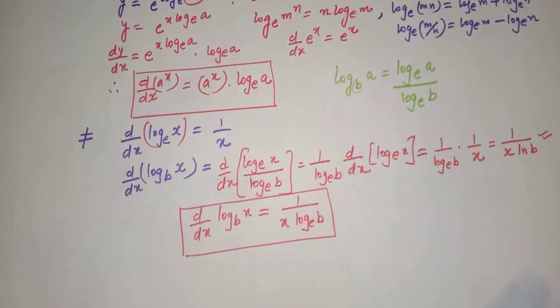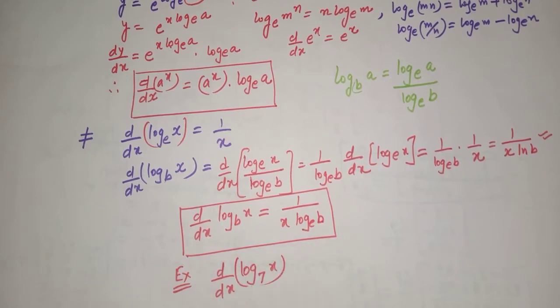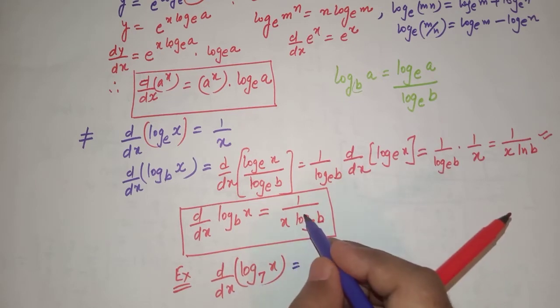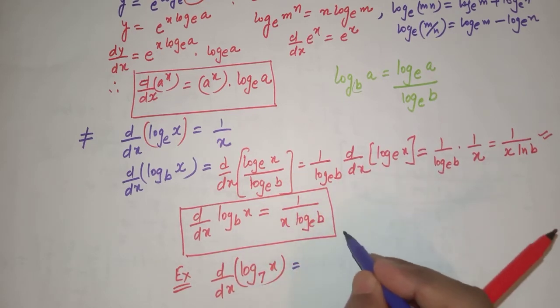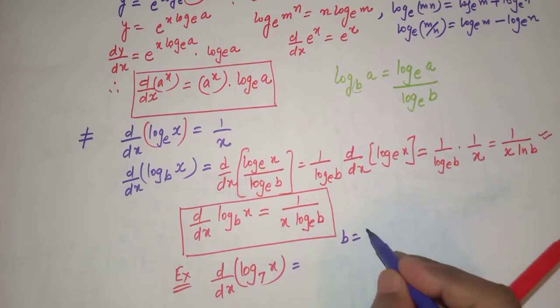Now let us take an example. Suppose we have to find the derivative of log of x to the base 7. What is the derivative of this function? We'll make use of this formula. Here the value of b is 7.